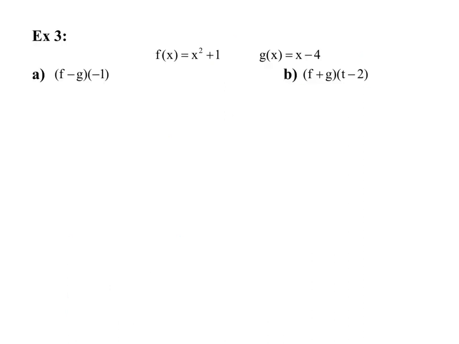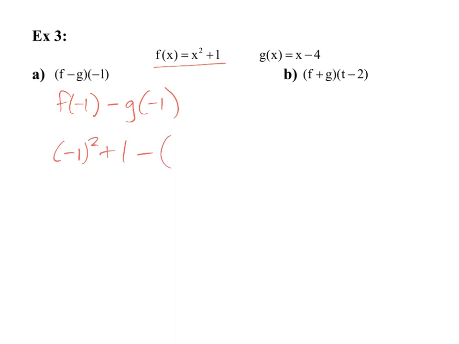Here we have f minus g of -1. So I have f of -1 minus g evaluated at -1. So I take this function here and I plug in -1 for x. So -1 squared plus 1. Then minus g of -1. So I take x and I plug in -1.